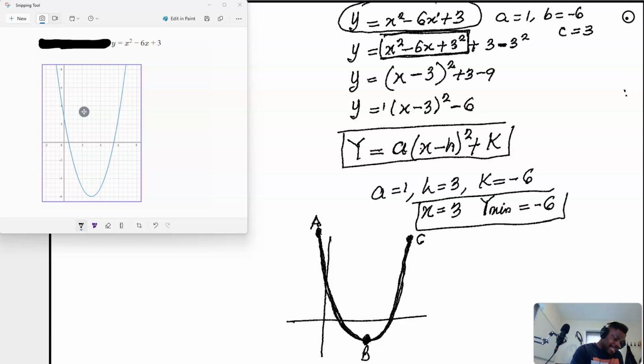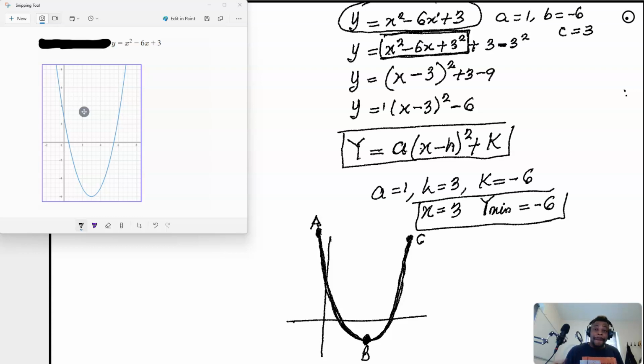So at point B, that is the turning point. The turning point is the point where the gradient changes sign, from negative to positive or from positive to negative. And at that particular point B is where you have your minimum value of the function with the corresponding value of x.